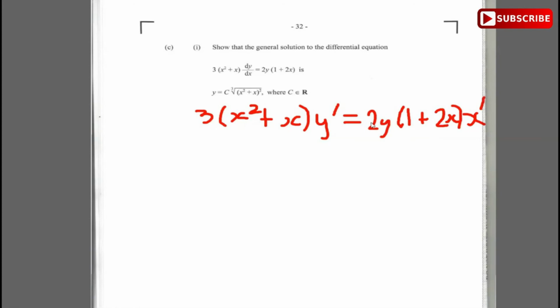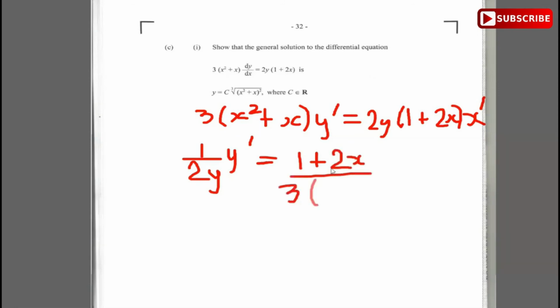All we need to do is divide both sides. So I'm going to divide by 2y and divide by 3 times x squared plus x. So I divide by 2y over here to get 1 over 2y times y prime, and that would be equal to 1 plus 2x over 3 times, instead of saying x squared plus x, I'm going to write it as x plus x squared.